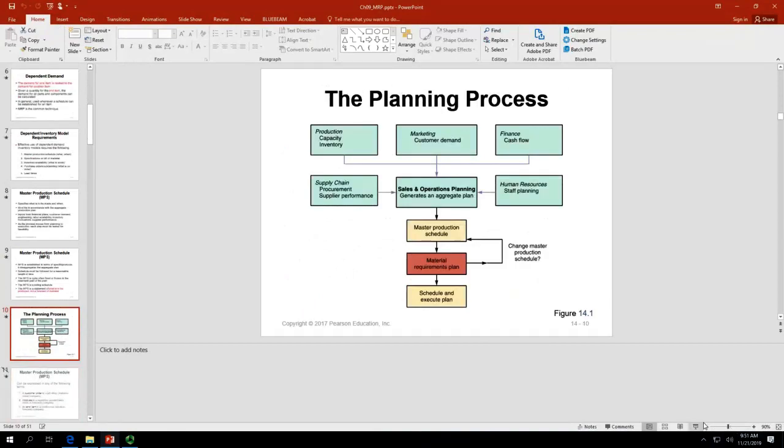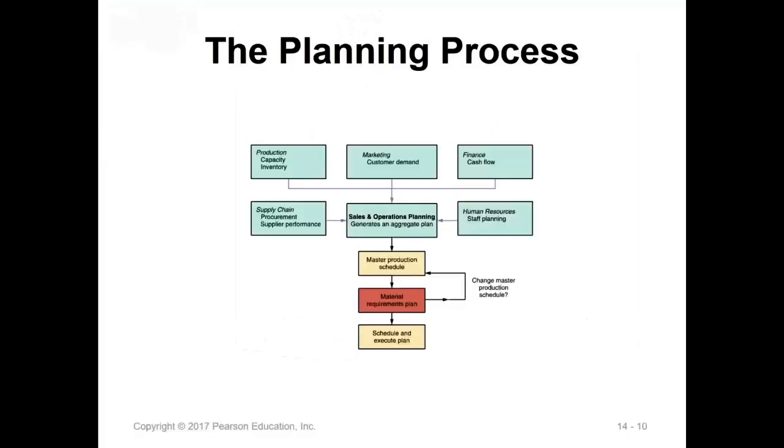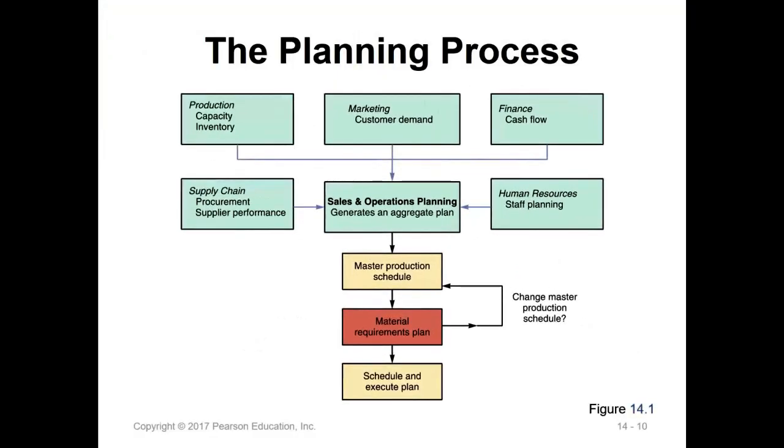It's kind of like a picture like this. All of the people in the company, including marketing information, finance information, even human resources, sales and operations planning, and supply chain management, will all provide information to the master production schedule.